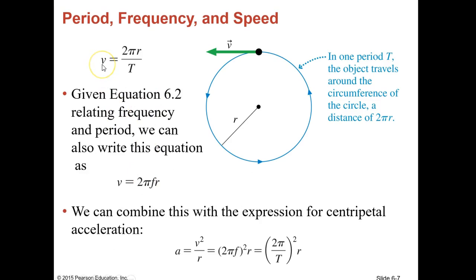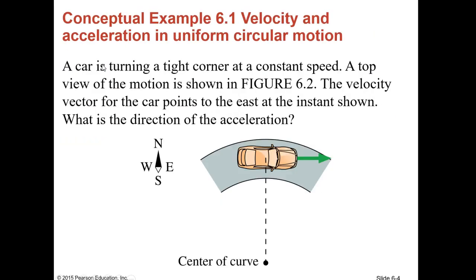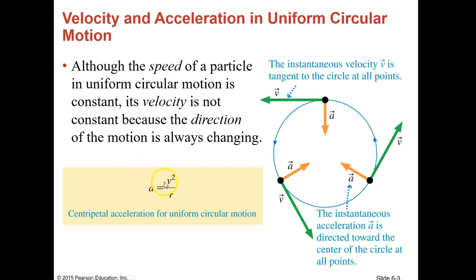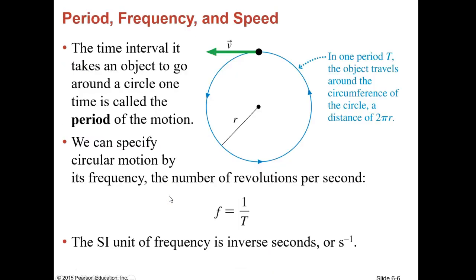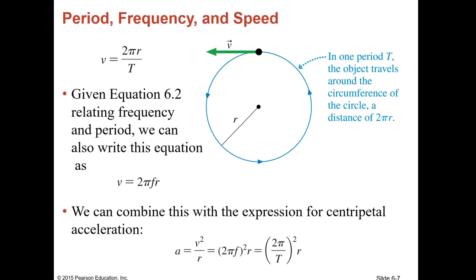Speed, going back to here, v squared over r. We know that to find the speed of something, the speed is 2 pi, because that's how far you covered, times your frequency times r.